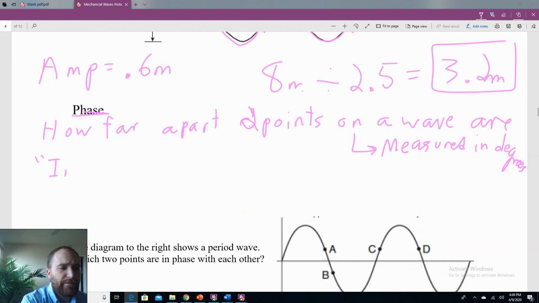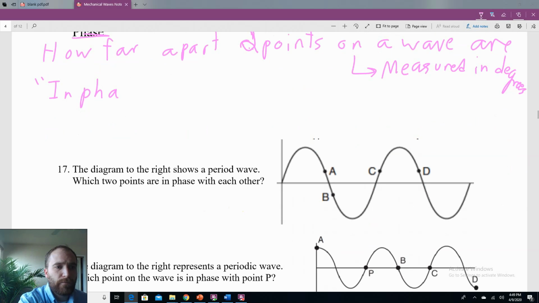For phase, the way we use this term is if 2 points are what we call in phase, they are at the same part of the wave.